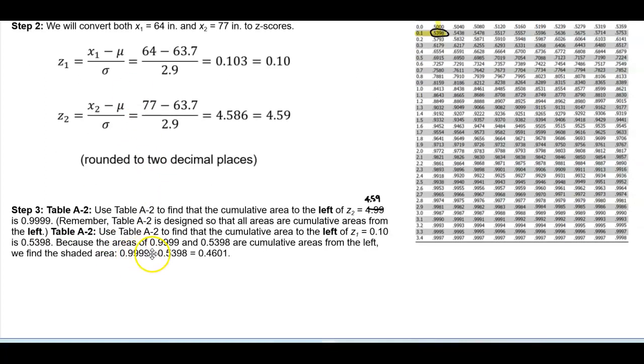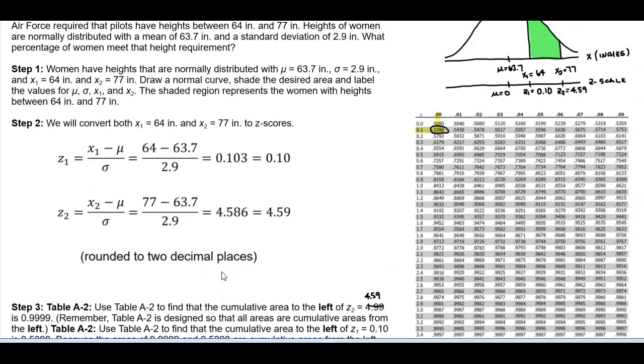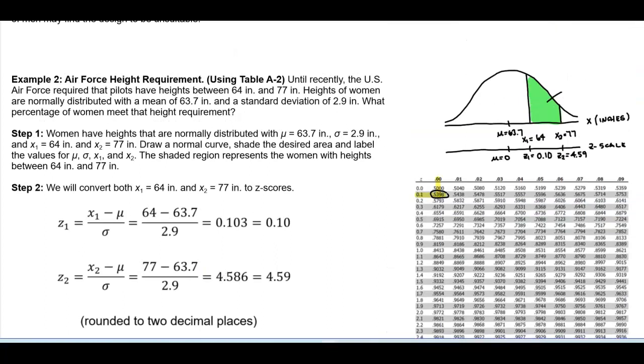Because the areas of 0.9999 and 0.5398 are cumulative areas from the left, we find the shaded area by subtracting. We take 0.9999 and subtract the area of 0.5398, and that gives us the area of 0.4601. So this area represents 0.4601.